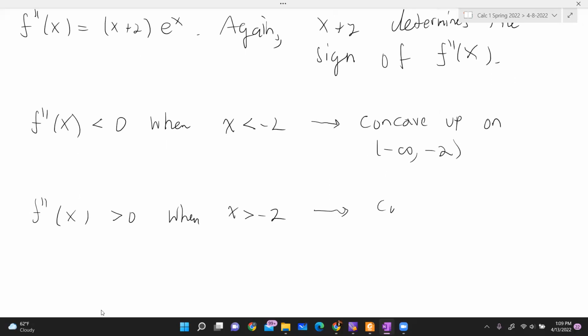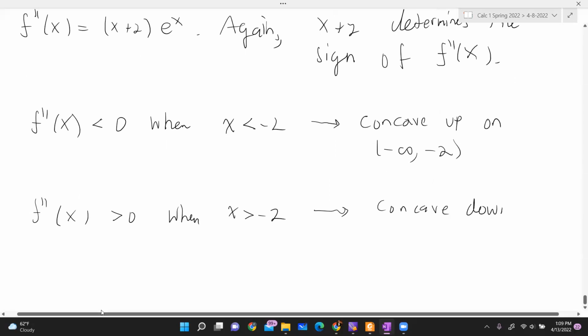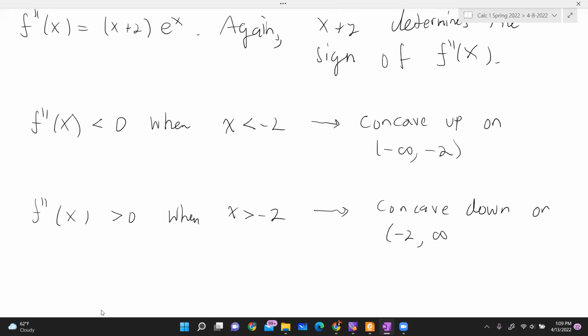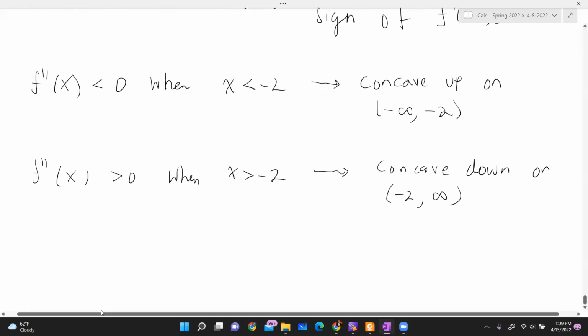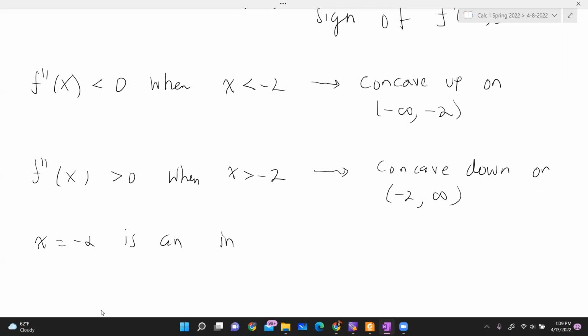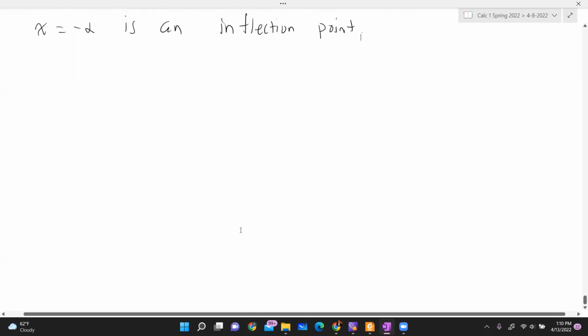And this corresponds to concave down on the interval -2 to infinity. And then at -2 is an inflection point. This is a point where the concavity changes. So at this point, we can put everything together and plot this.